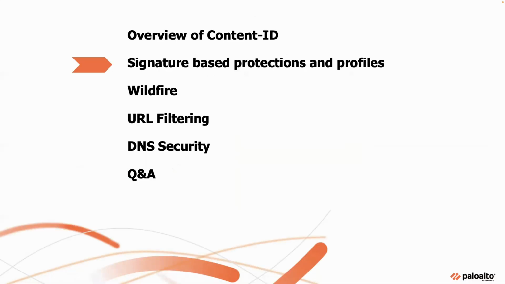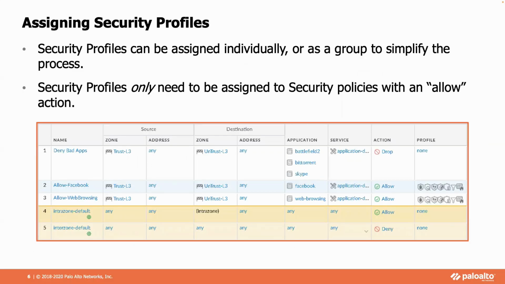So we'll talk about our different security profiles. We're going to start with our signature-based ones. So with every single security policy rule, we have the ability to add security profiles. And I don't know if you can see here on the very far right-hand side, we have profiles.